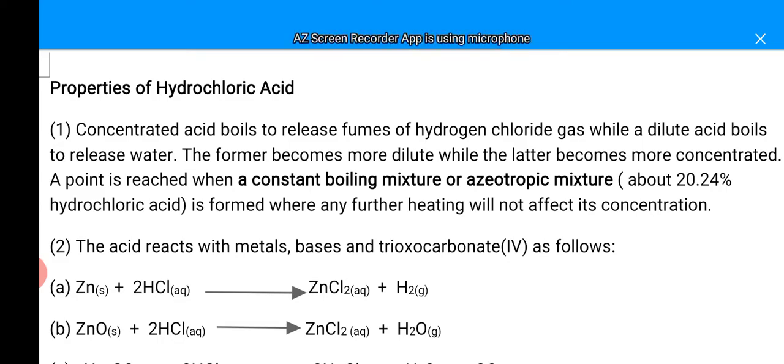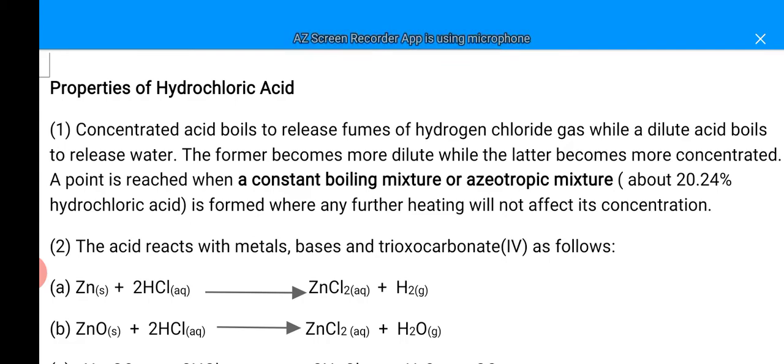It will reach a point when a constant boiling mixture or an azeotropic mixture will be formed, such that the mixture contains about 20.24% hydrochloric acid. When the azeotropic mixture is formed, any further heating will not affect its concentration. It will just remain like that.